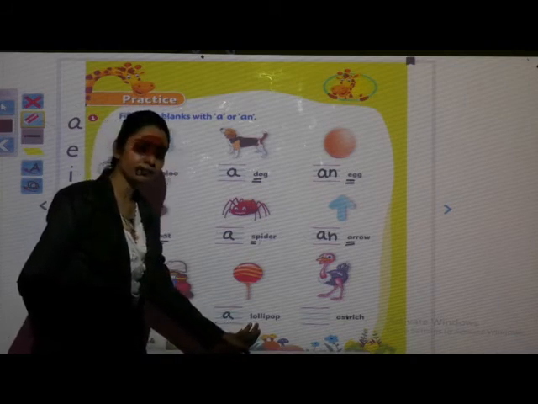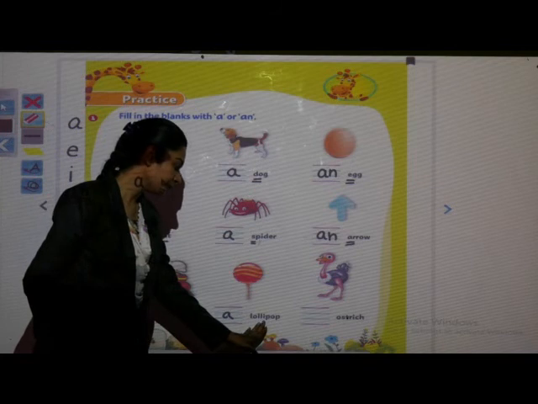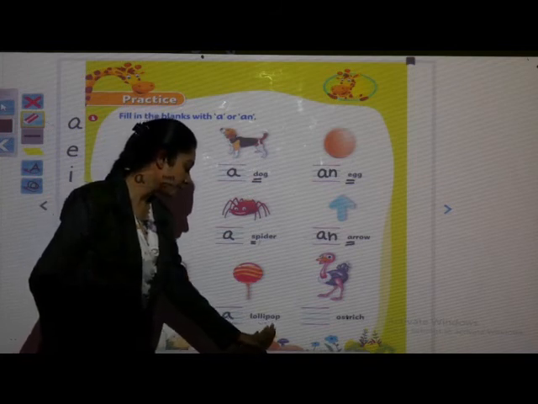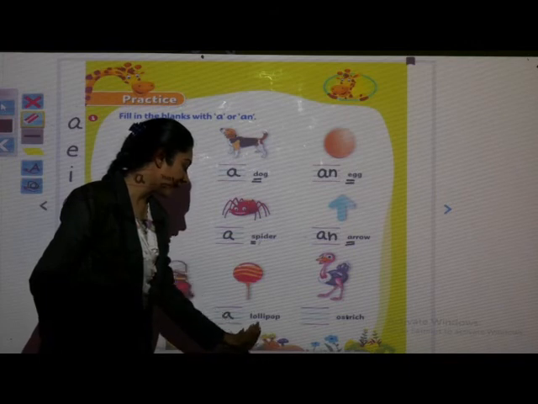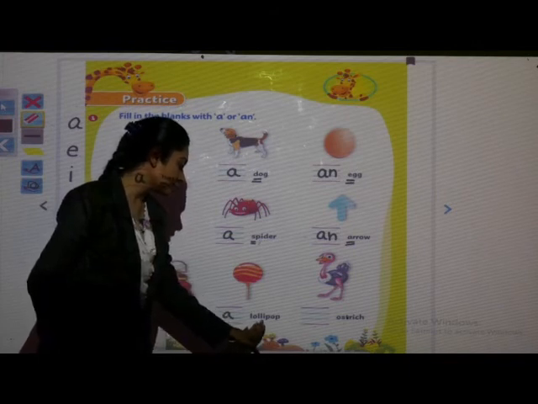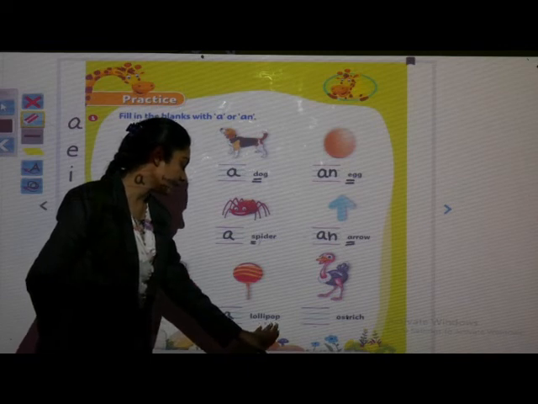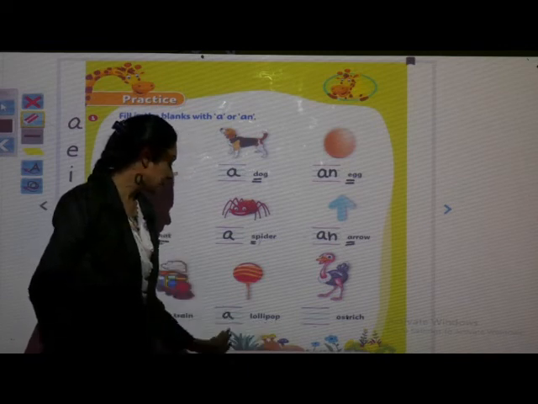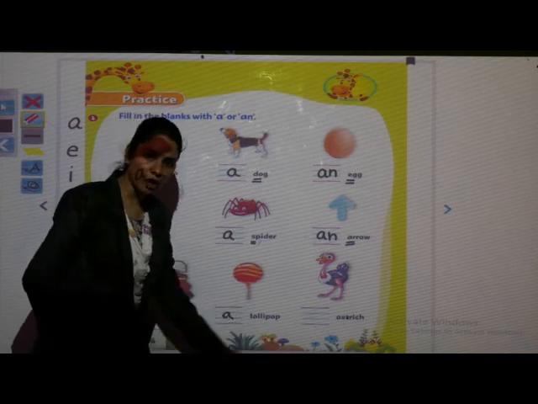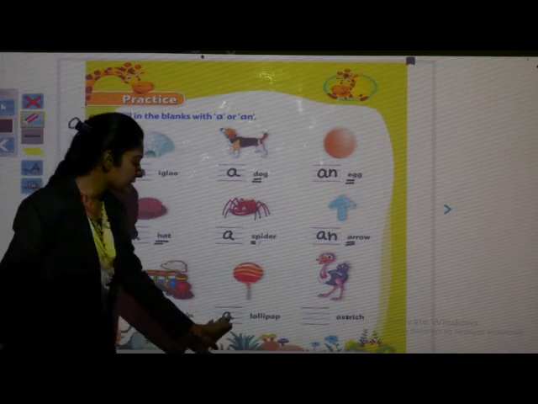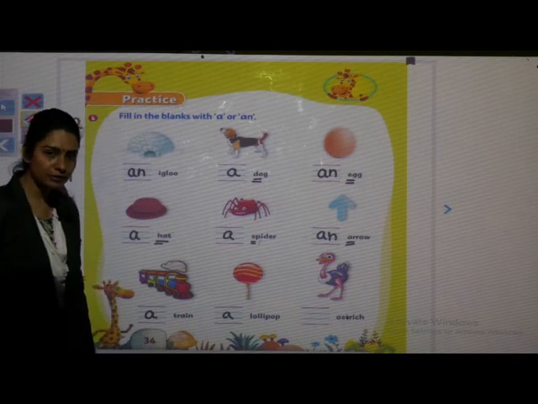L-O-double-L-I-P-O-P. Lollipop. This is a lollipop. Okay?